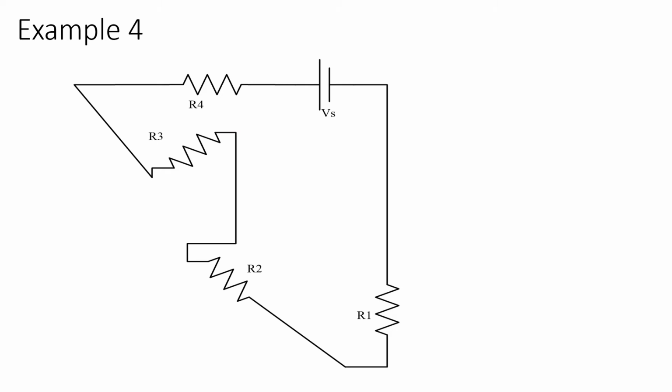Example 4, again we have 4 elements, 4 resistors and 1 voltage source. Nodes here look different, connecting between this 90-degree line, and connecting between R1 and R2, not a straight line. And here is another strange looking wire.